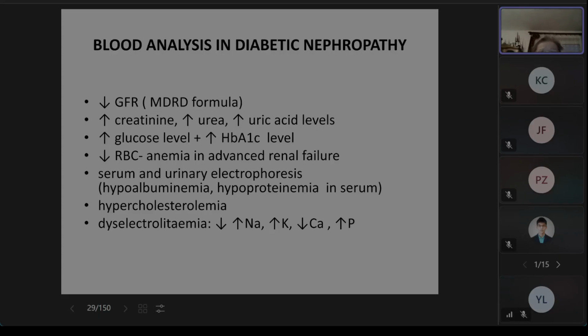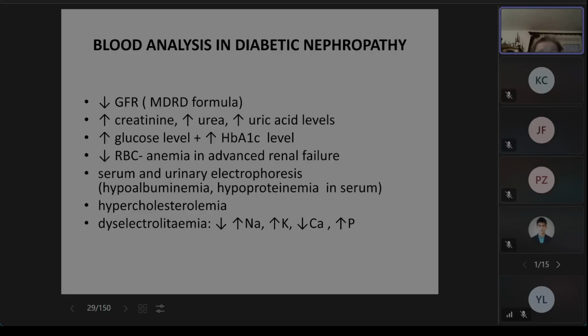So all these signs can confirm the injury of the kidneys. You will also find in such patients an elevated level of glucose as well as an elevated level of glycated hemoglobin.